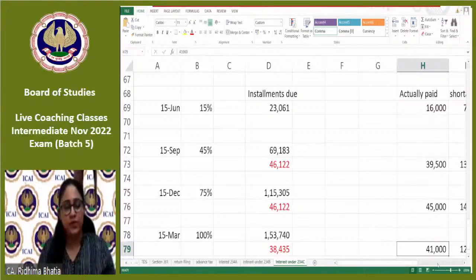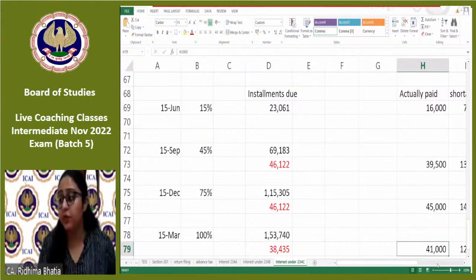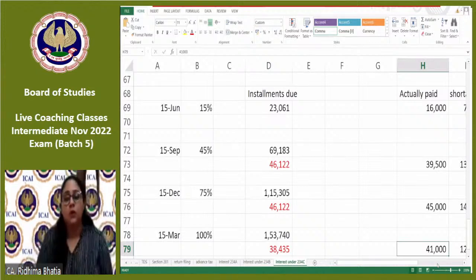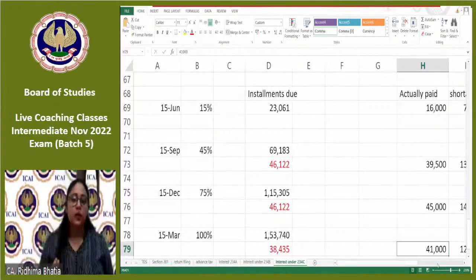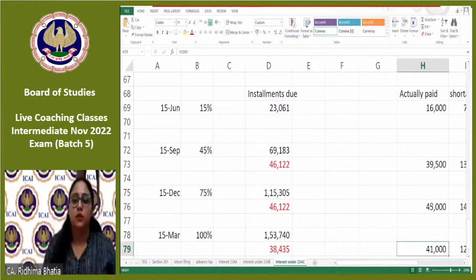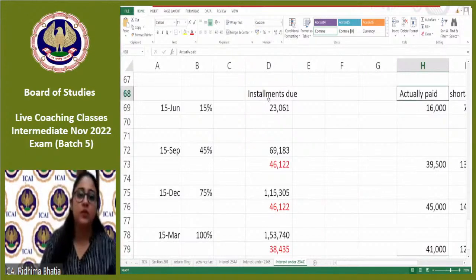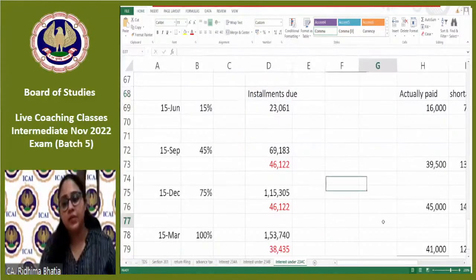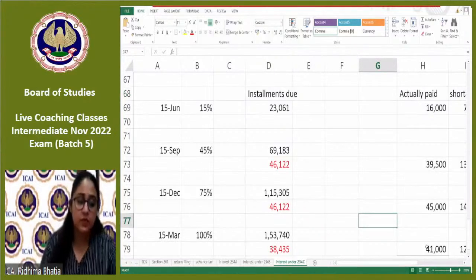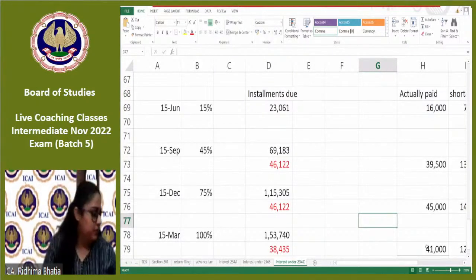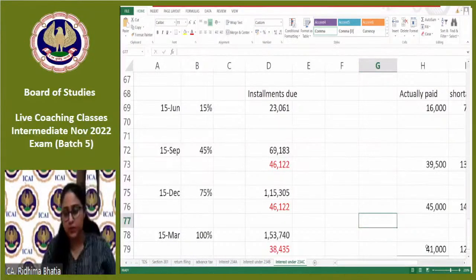Take 2 minutes and tell me what is the interest to be calculated under section 234B. शांति से solve करना, 12% वाला limit calculate करके. These are the actual payment. These are the installments. Quickly tell me the interest under section 234C, not B, sorry, 234C. B पे भी आ जाएंगे, but 234C.